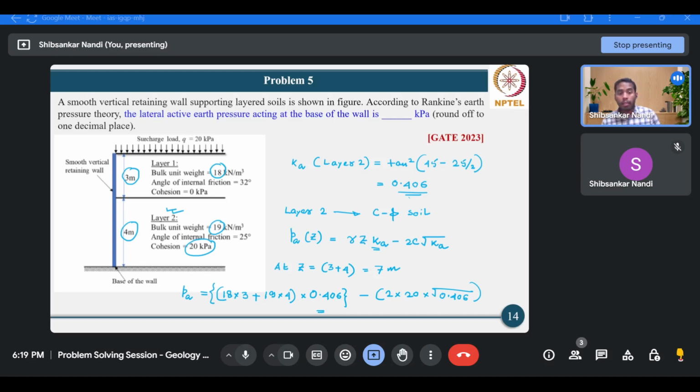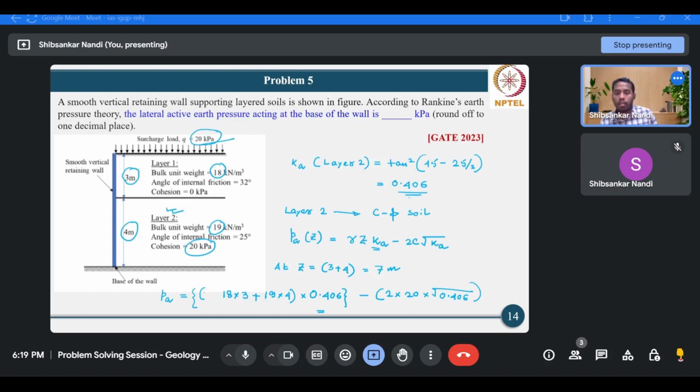Okay, I did one mistake here. So I have neglected the surcharge, but that is not the case here. Okay, so here is one additional surcharge, 20 kPa surcharge. So this will also be added to the effective overburden.